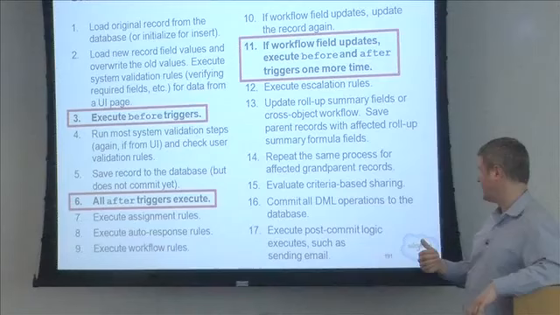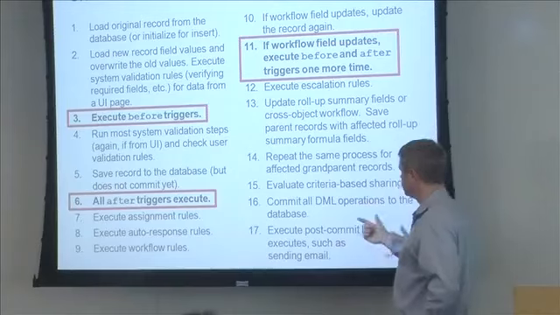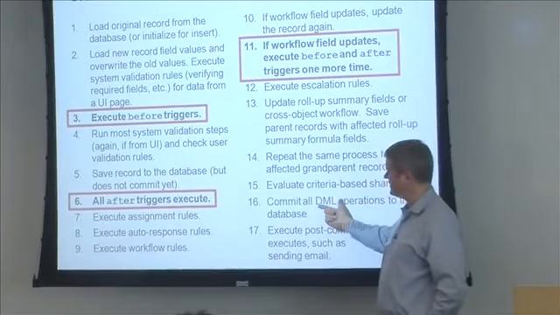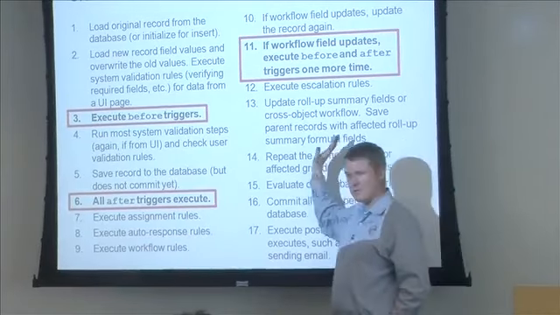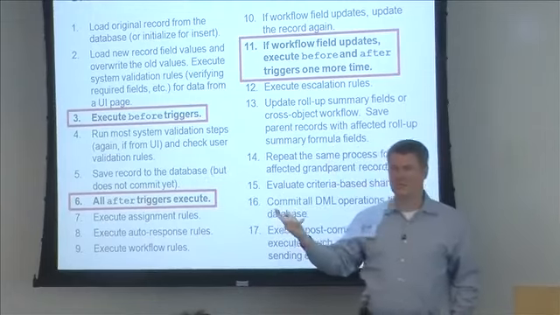Okay? And that will then prevent step 16 from happening, and 16 is where we say, okay, any changes that we did to this record because of triggers, workflow rules, or roll-up summaries to other records, whatever the case may be, now let's apply those to the database.